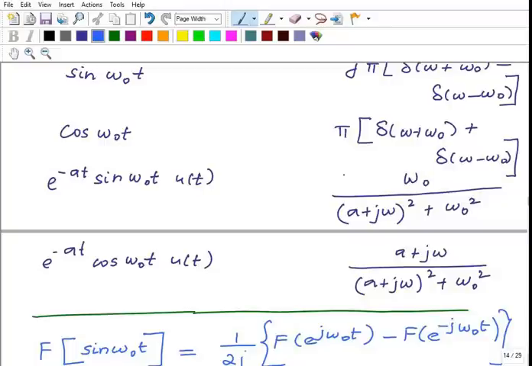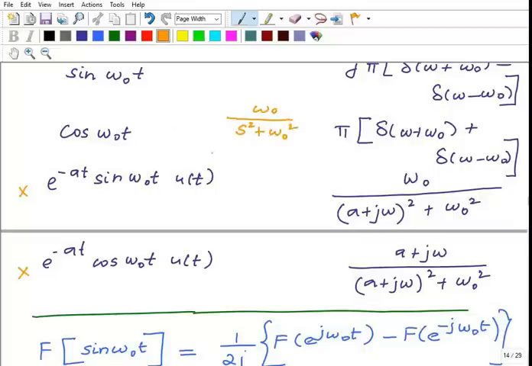Then see, directly you just note down these two results. Next, two signals: e power minus at sin omega naught t u of t. If you remember, in Laplace for sin omega t we have written omega naught by s square plus omega naught square.